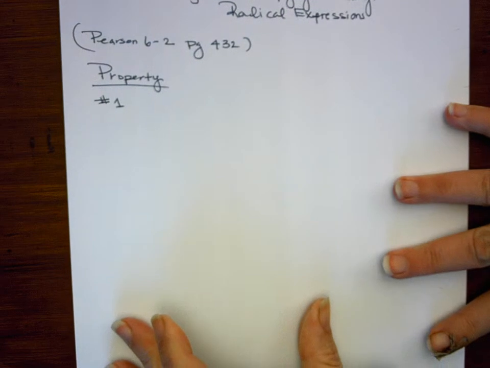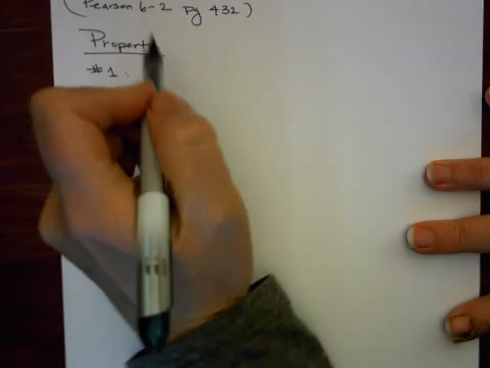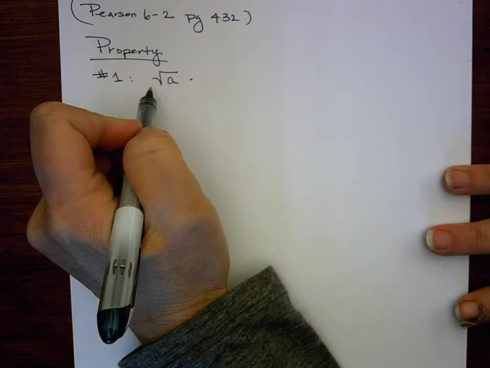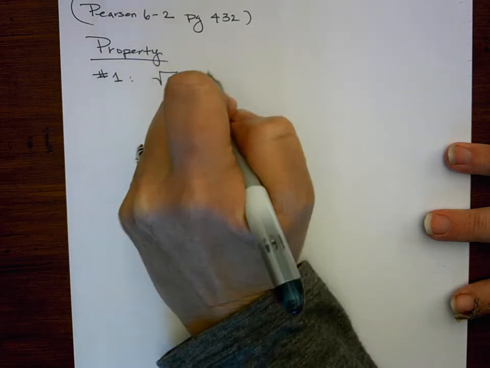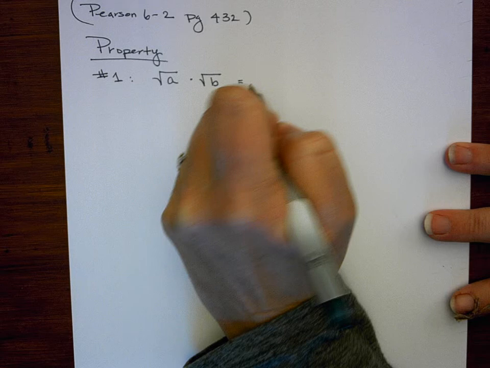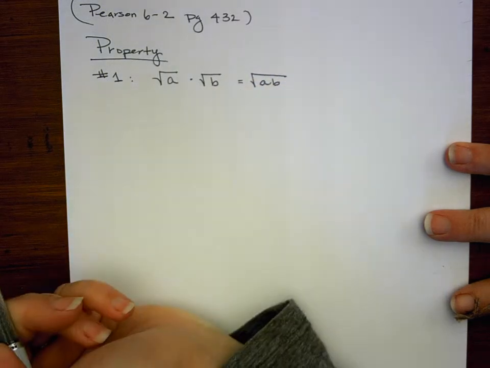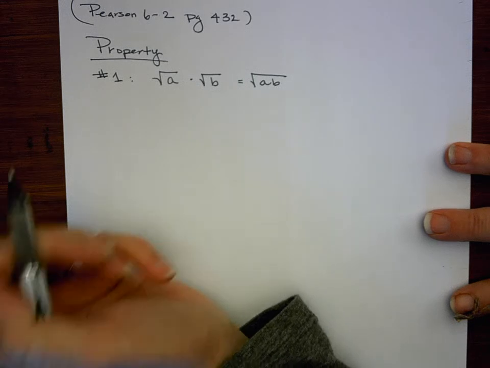When we're multiplying two roots together, regardless of what root we're working with, this could be the square root, the third root, the fourth root, and so normally we would put an index in here, but we're just looking at square roots for today. When we're multiplying these together, we are just multiplying what's underneath. And if there is a number in front, then we would multiply those front numbers.